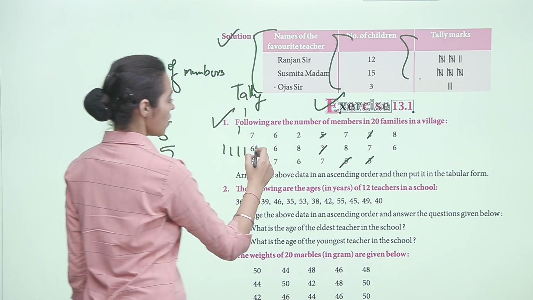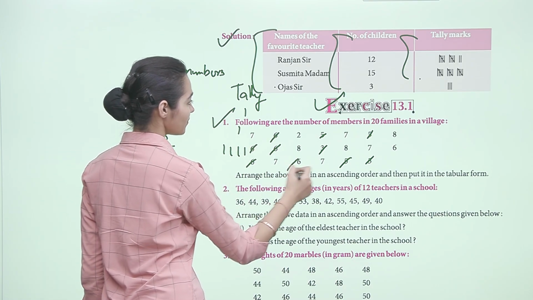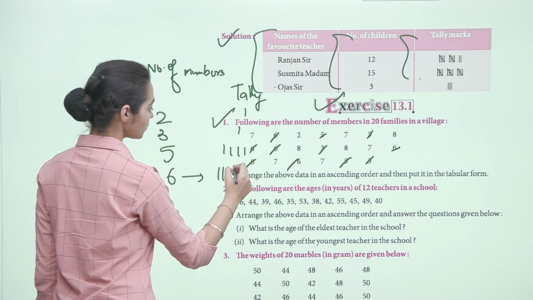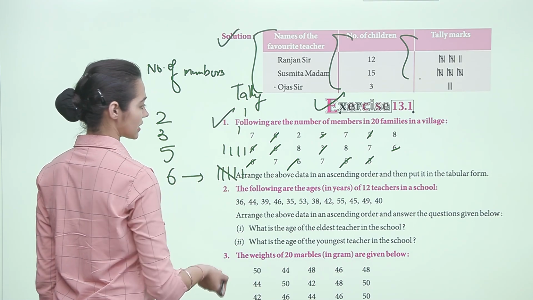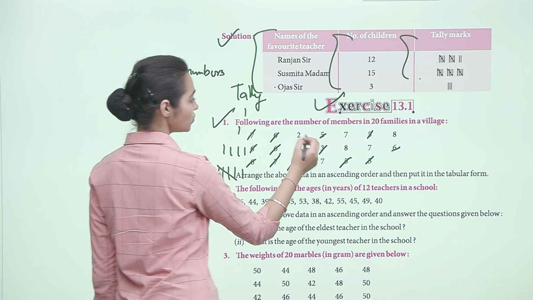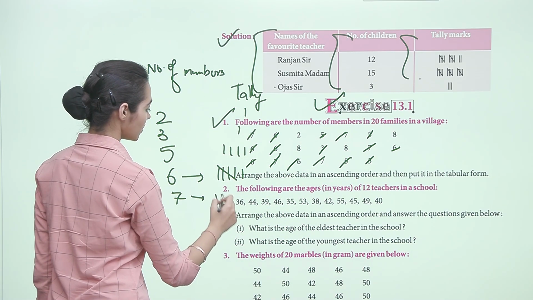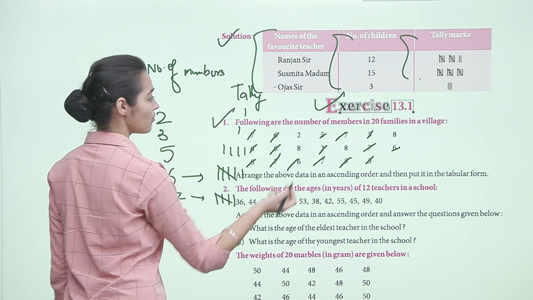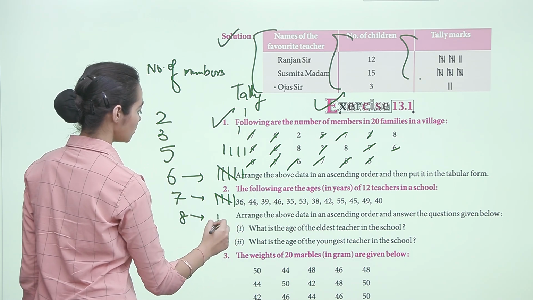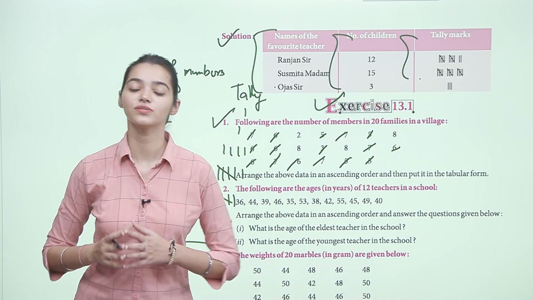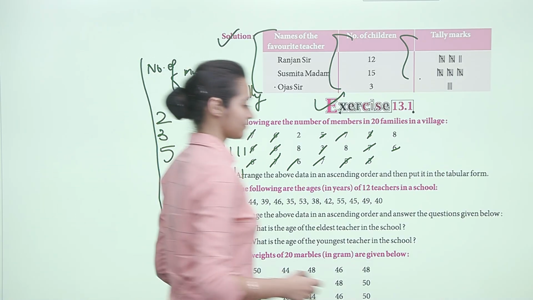For 6 there are 6 tallies, that is 1, 2, 3, 4, 5 and then 6. For 7 there are 5 tallies. For 8 there are 2. That's how you can solve the remaining parts.